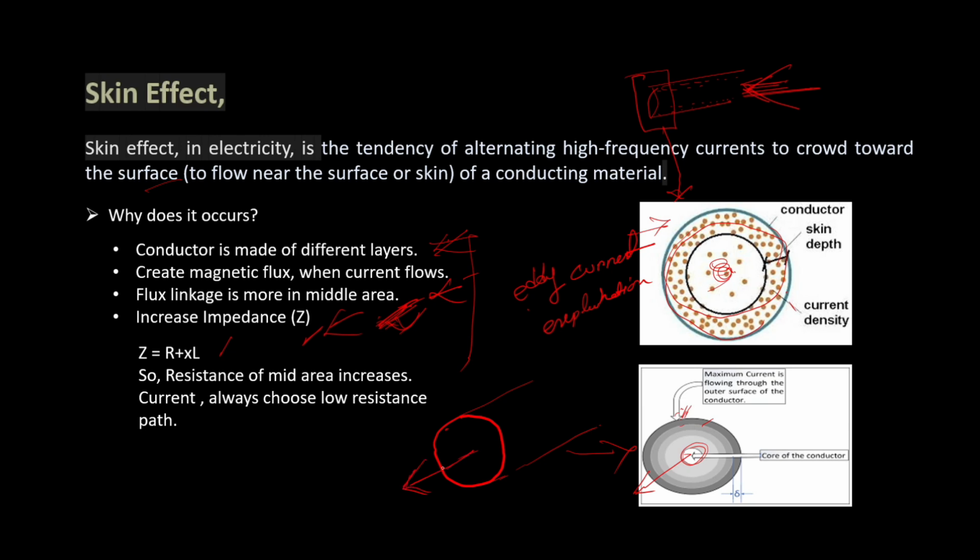I think it's clear. What happens in that condition? This is the conductor. Current is flowing through this direction. In that eddy current condition, what happens? Eddy current flows through this direction.